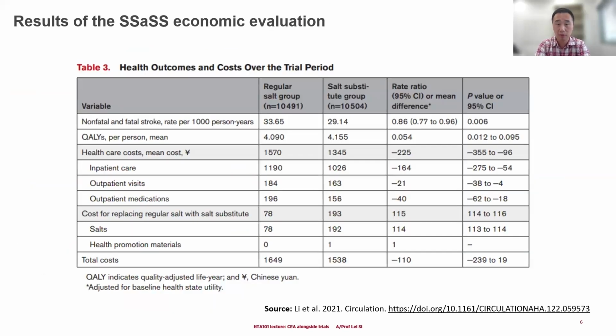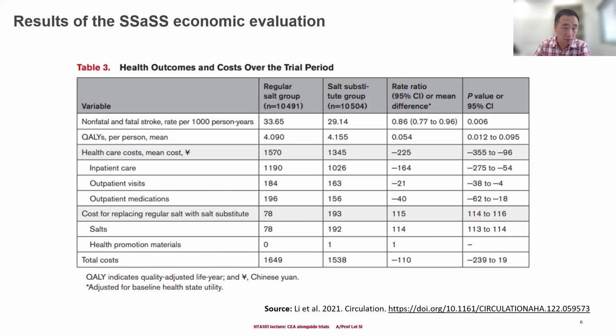This table summarizes the effectiveness and the cost effectiveness of the SSaSS trial. In the first row, we can see the non-fatal and fatal stroke by the different study groups, and this is the primary outcome from the trial. Not surprisingly, the intervention group is superior compared with the comparator group in terms of this primary outcome.